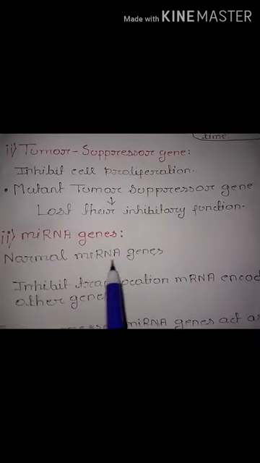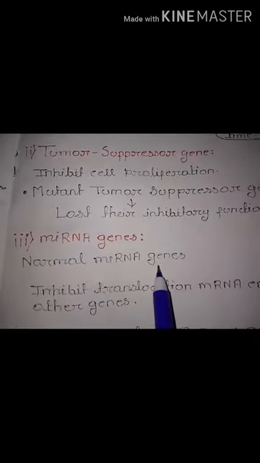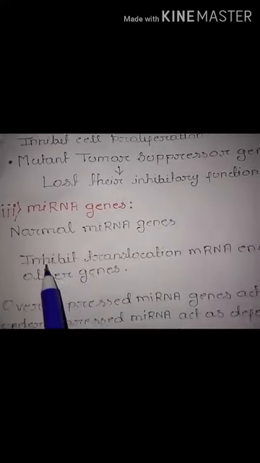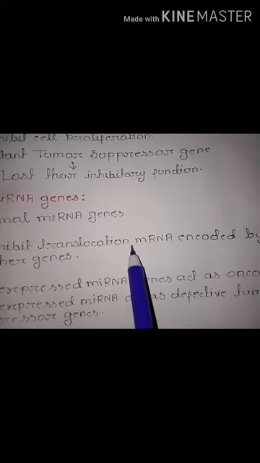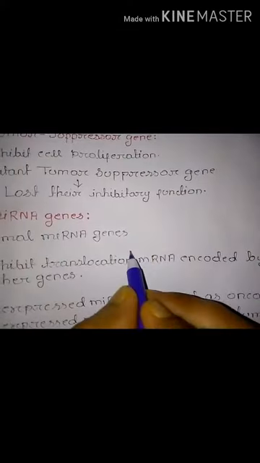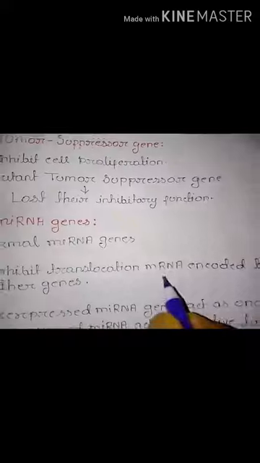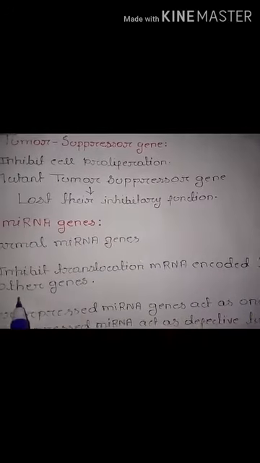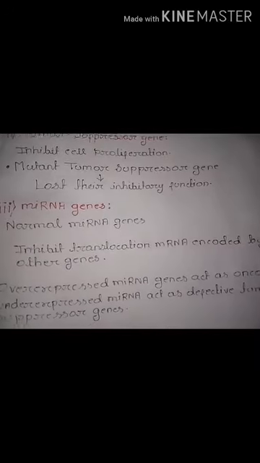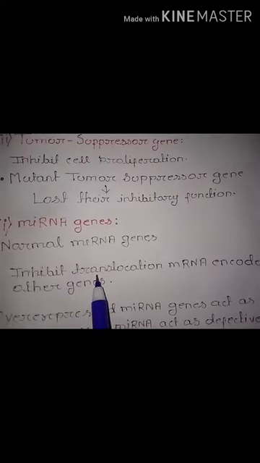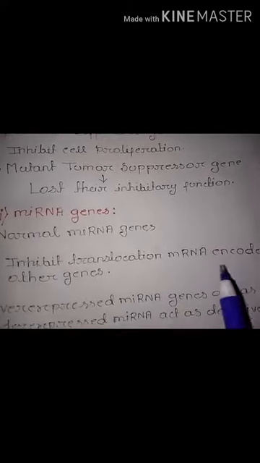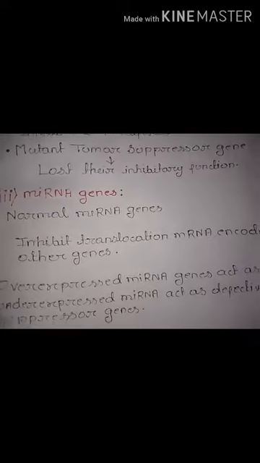So the normal microRNA genes in our body inhibit translation of mRNA encoded by other genes, not our body's own. The role of the miRNA is to inhibit their translation process, or maybe transcription.